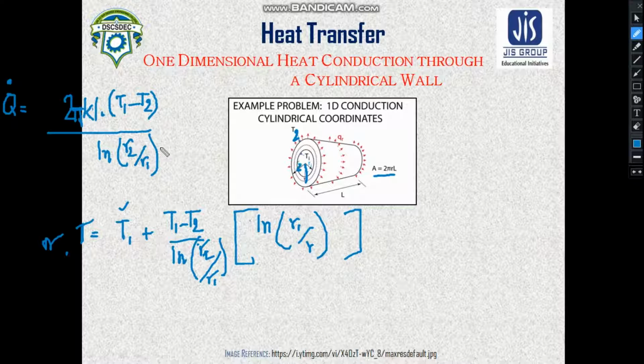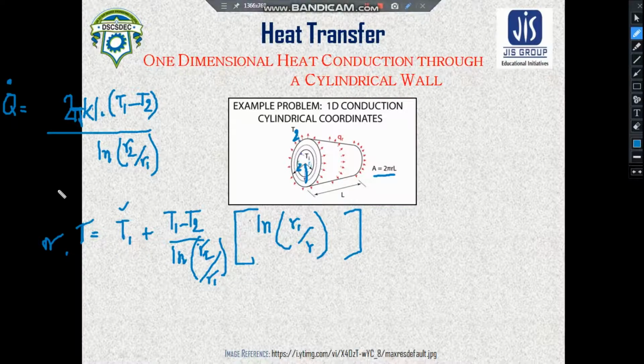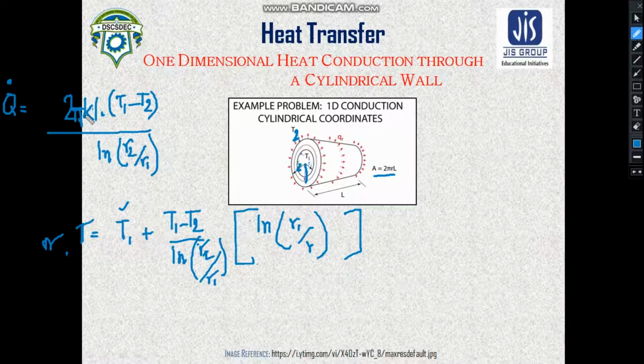It is the inner radius and the outer radius, and the temperature difference. Obviously thermal conductivity is there because it is a material property, a transport property, and it depends on the nature of the material. So this gives you the heat transfer rate within the cylinder, and this provides you the temperature distribution formula within the cylinder. So putting the value of R, you can get the temperature at any instant.